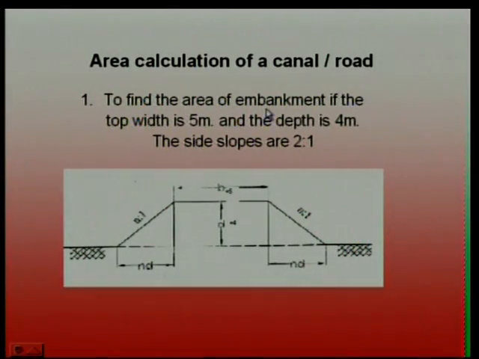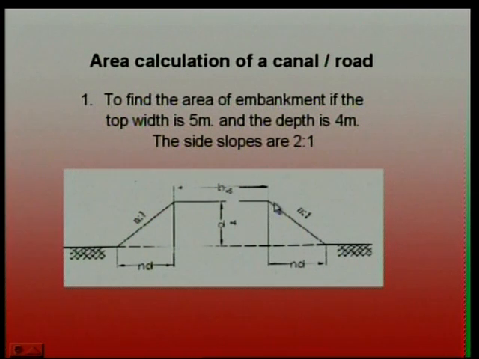To find the area of embankment, the top width of a road, small b, is given as 5 meters and the depth from the ground level to the top of the embankment, small d, is 4 meters. So, the side slopes are 2:1. Here n:1 is given as 2:1.